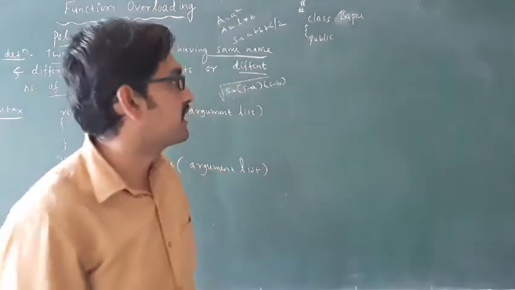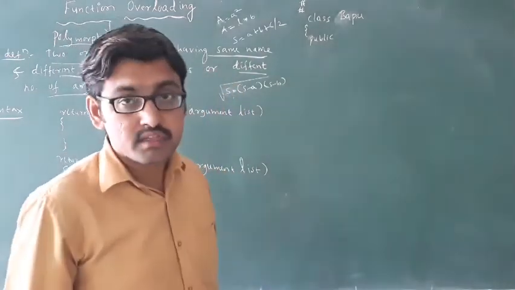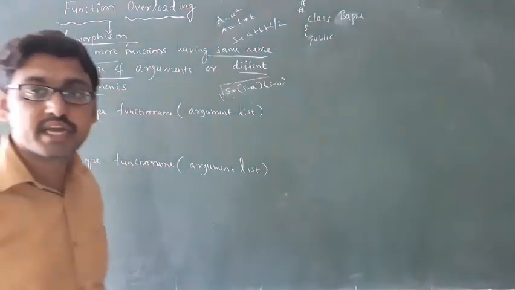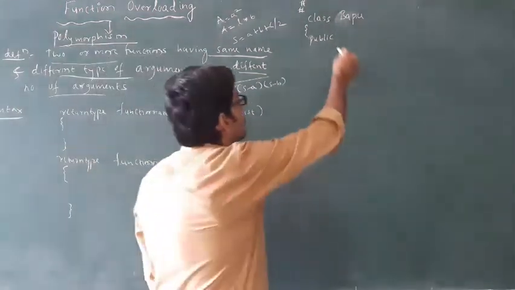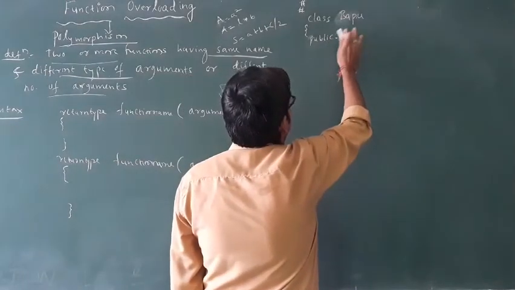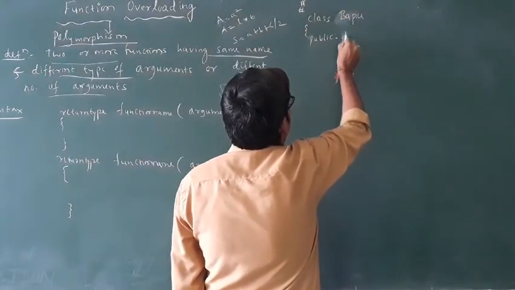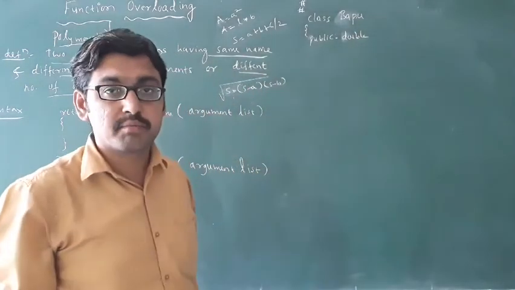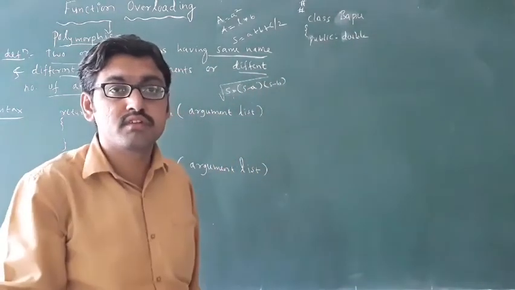Okay, in the public section I am writing the area. See, you know this is the function overloading syntax. It consists of int, otherwise I am taking double. Double is also one data type. For long numbers you have to use this data type.